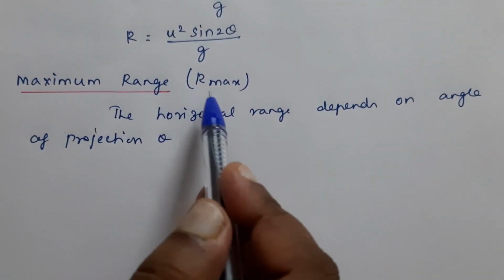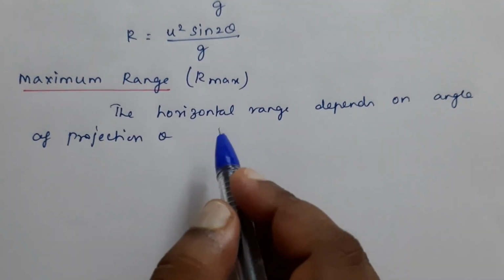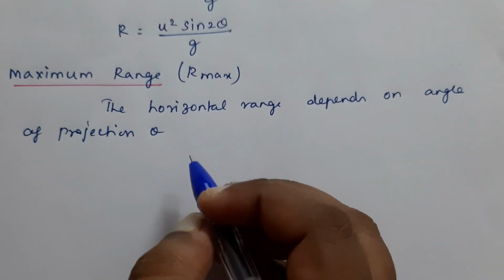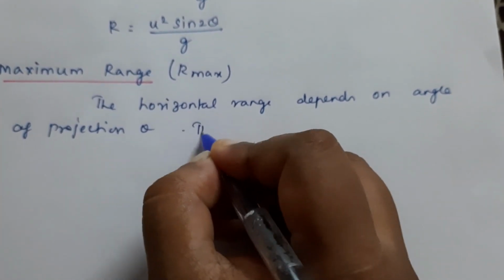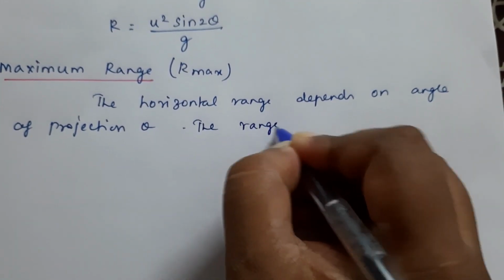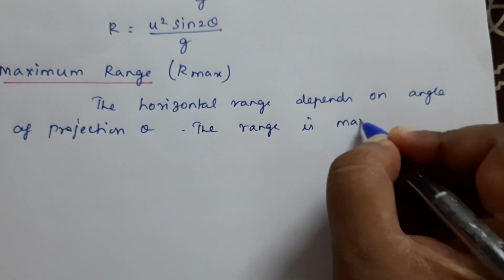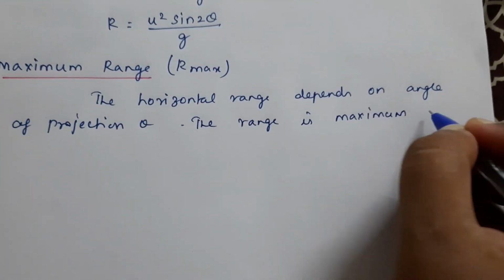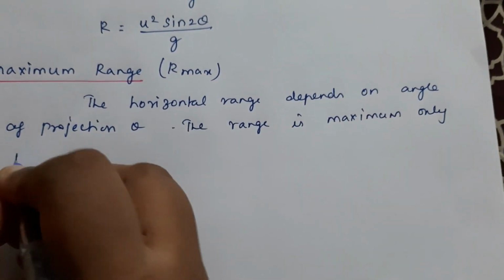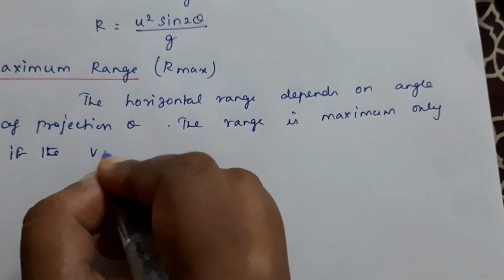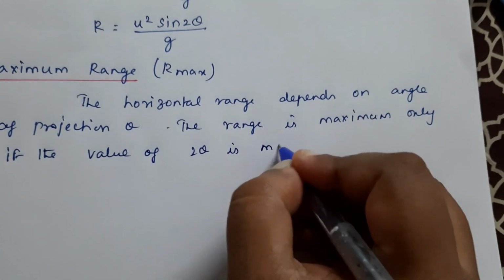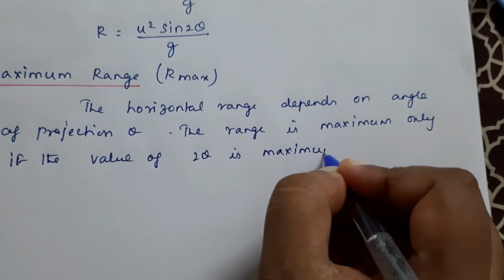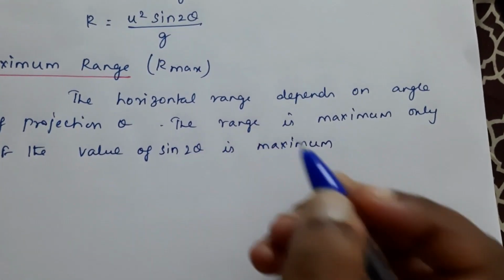Next is maximum range, R maximum. The horizontal range depends upon the angle of projection. So the range is maximum only if the value of 2 theta is maximum, that is, sin 2 theta is maximum.